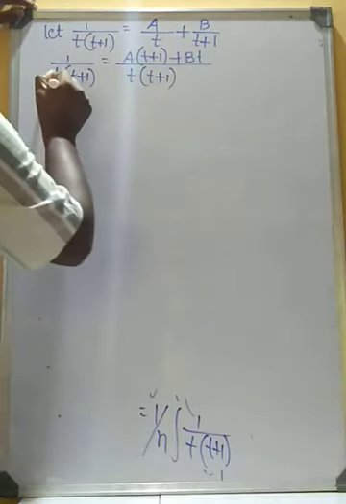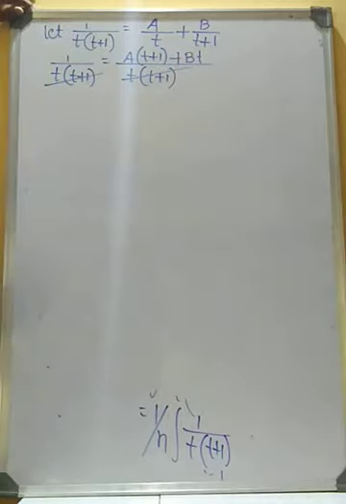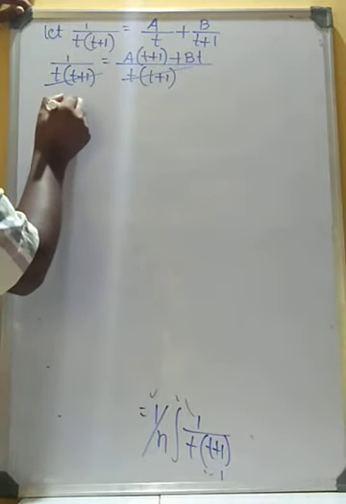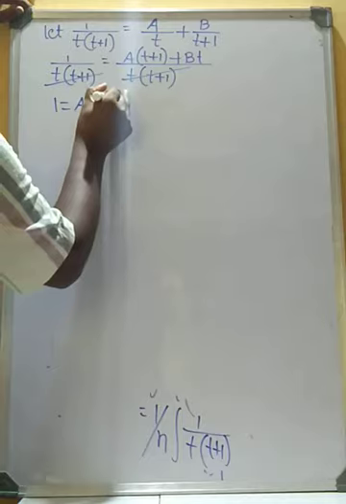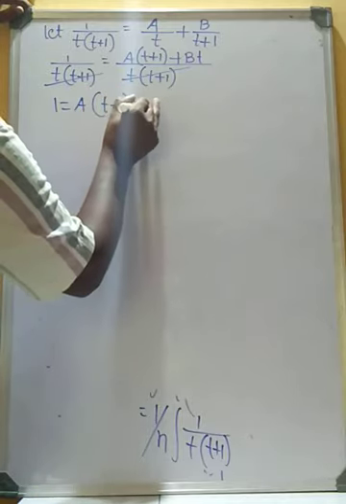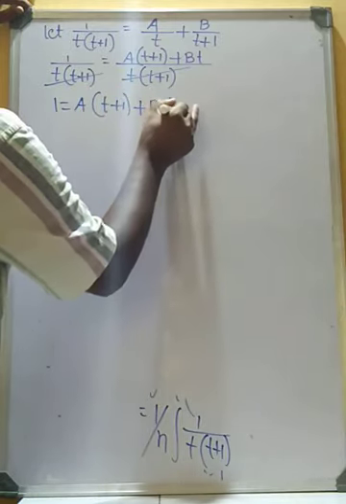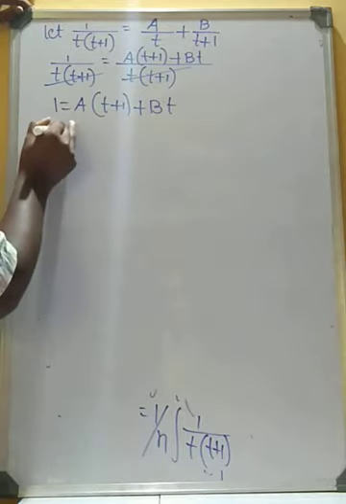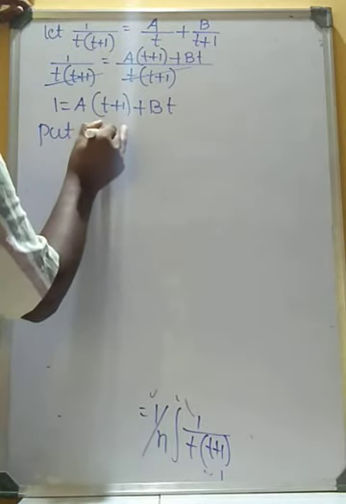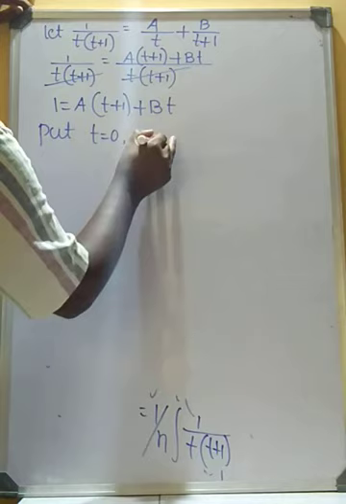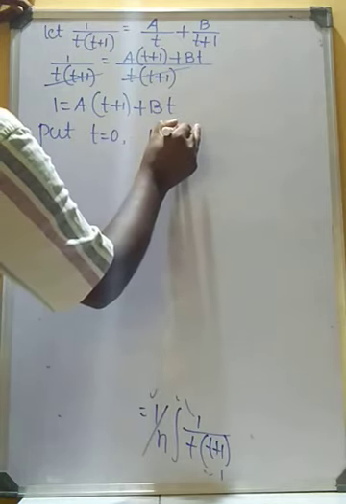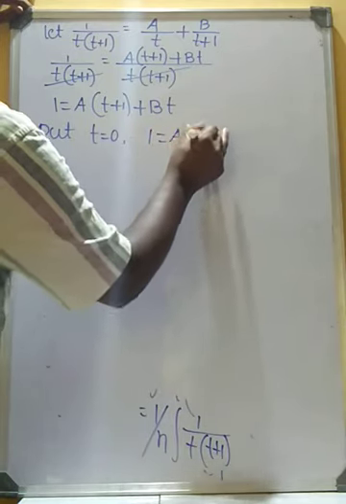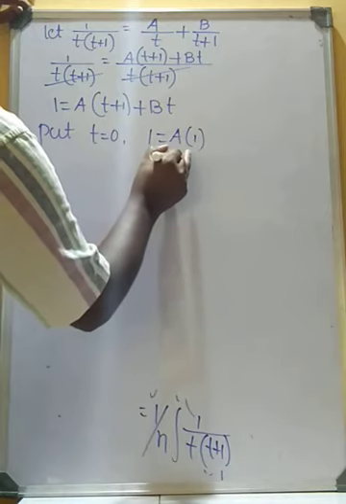Denominators cancel on both sides, therefore 1 is equal to a into t plus 1 plus b into t. Now put t equal to 0, therefore 1 is equal to a into 1, so a equals 1.